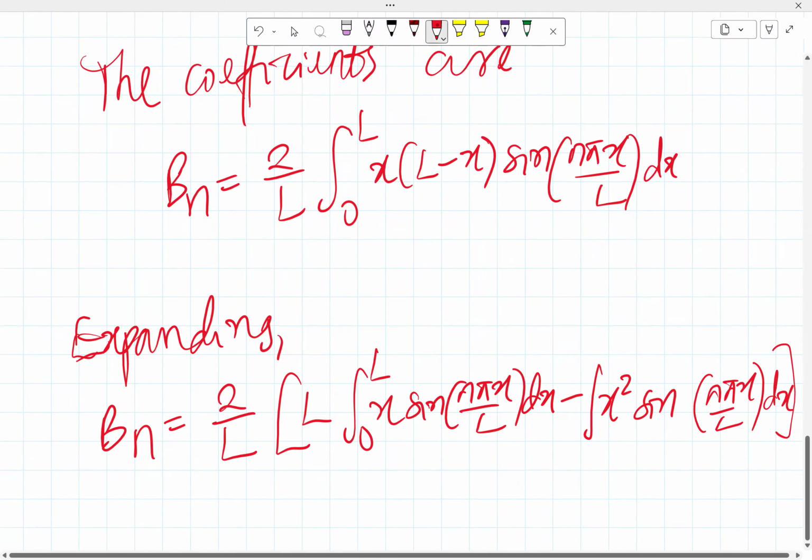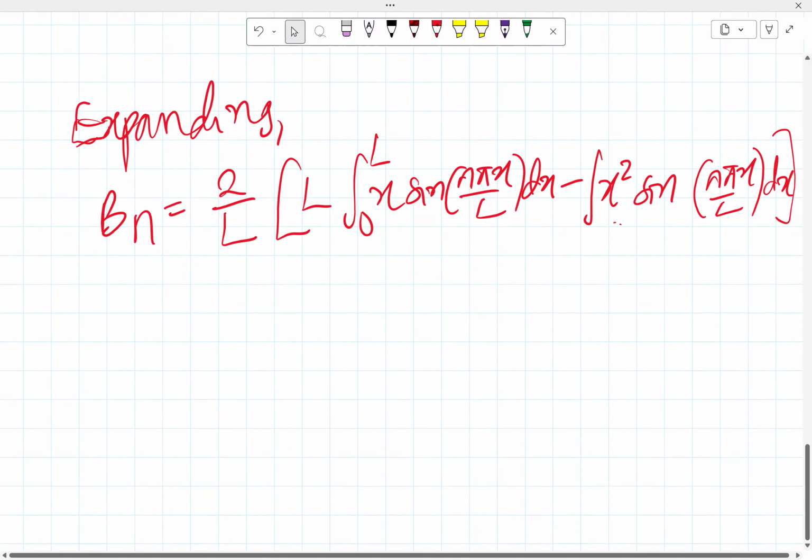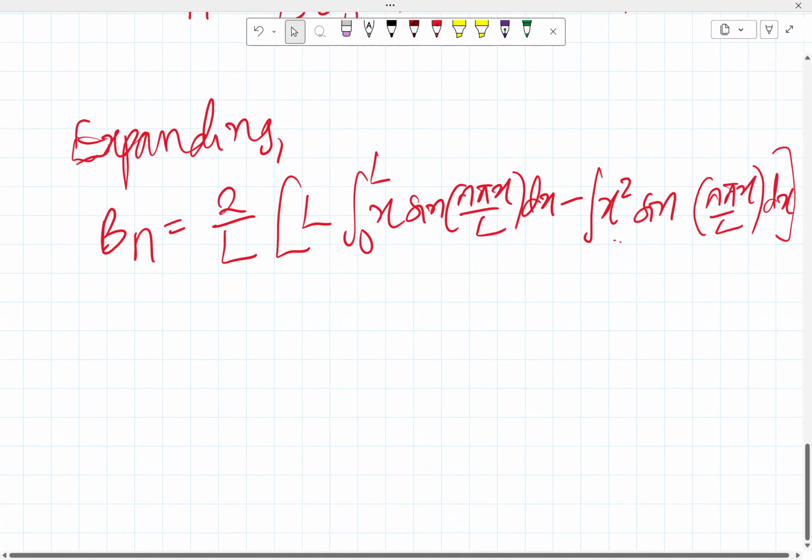Because we split this up, we have xL, so we have L out here, and for x squared, you have that remaining here. That's just the expansion we have going on there.